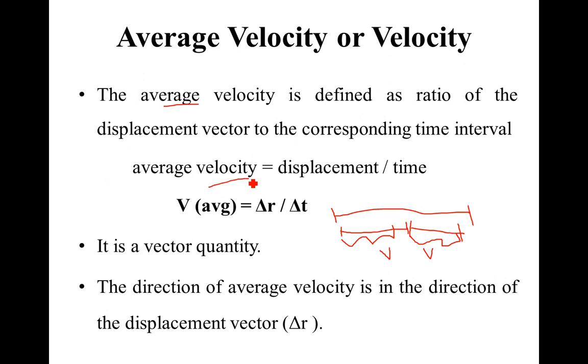Velocity is for one part alone; if you have more than one part of motion and go for the average, it is called average velocity. So V average is equal to del R by del T again. Here del R and del T are the whole change in position and whole change in time. It is also a vector quantity, and the direction of the velocity depends upon the direction of the displacement.